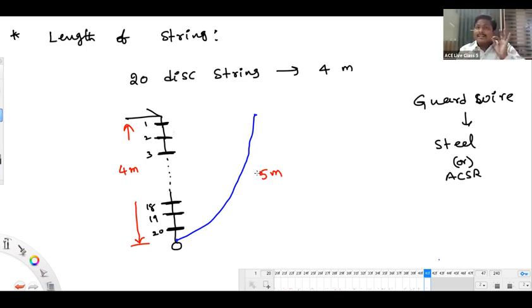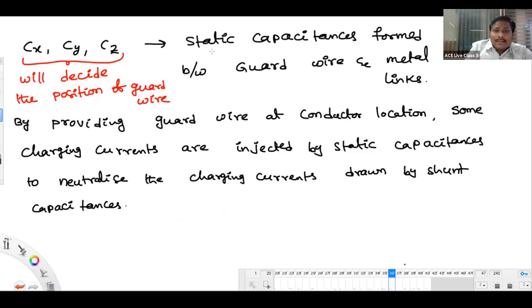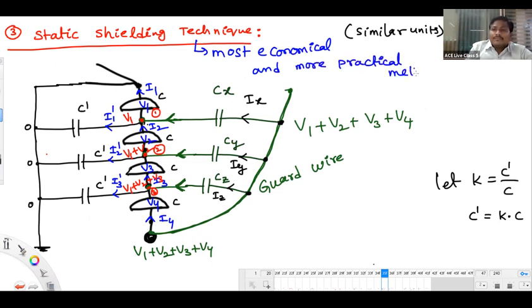So I can say this is the most economical method of string efficiency improvement, as well as the most practical method to improve the string efficiency, right here at the beginning.